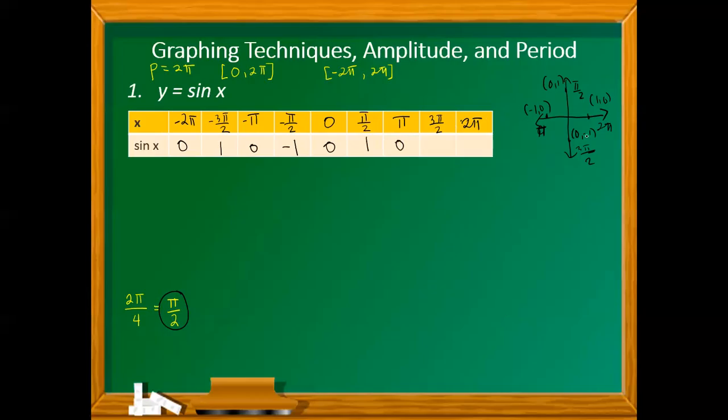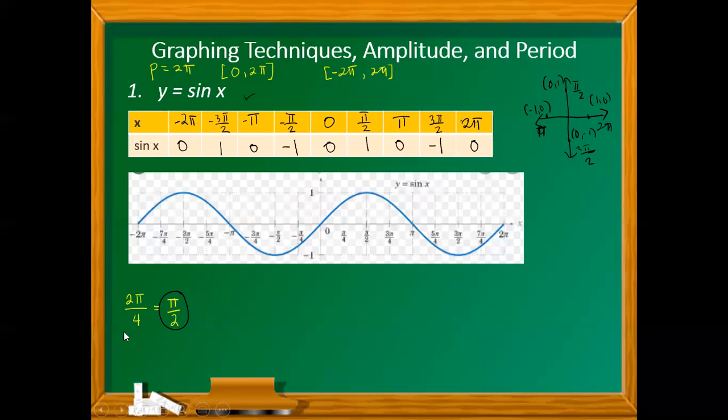Sine 3 pi over 2, so this is negative 1. And sine 2 pi, again 0. So we are now able to complete the x and the y coordinates describing the graph of y equals sine x. So plotting each point here and connecting the points into a sinusoidal curve, we have this graph.